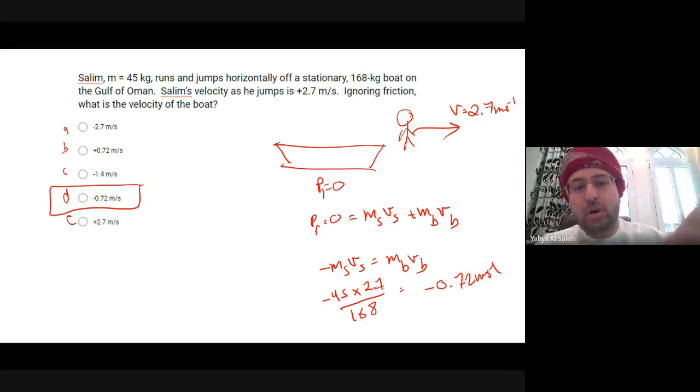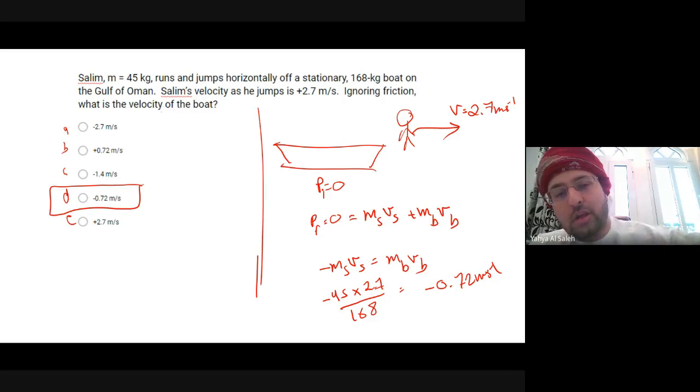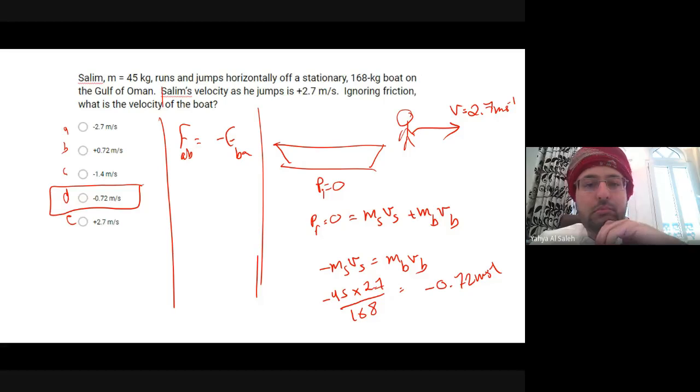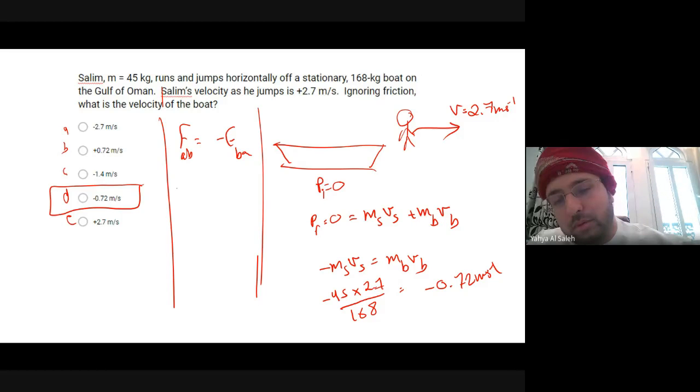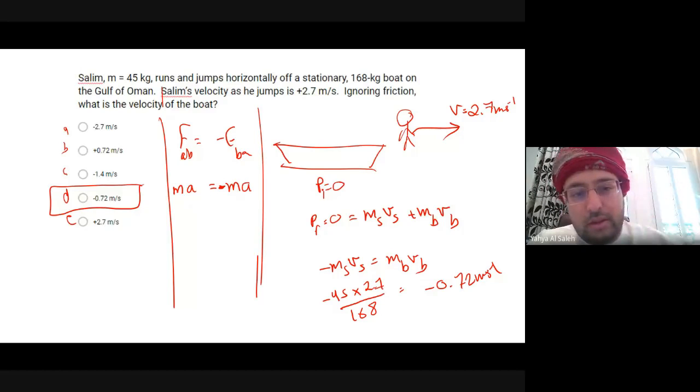If you were to do Newton's third law, you would find out that F_AB is equal to minus F_BA, correct? So m a equals minus m a here. Mass Salim times a Salim equals minus mass boat times a boat.